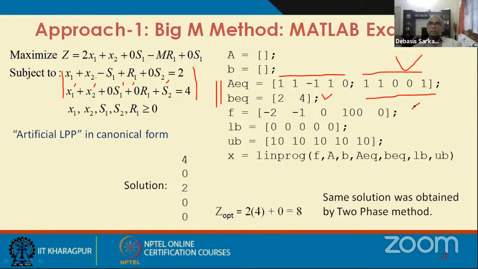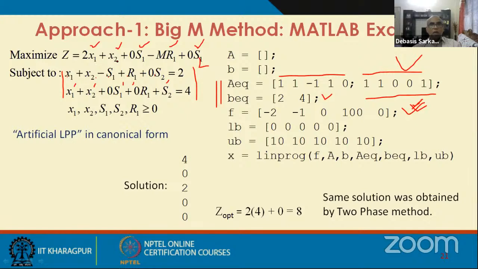Objective function vector, the vector of coefficients of the objective function. Again, that is important. So x1, x2, s1, r1, and s2. So variable 1, variable 2, variable 3, variable 4, variable 5. So you must consider, say, r1 as variable 4 everywhere, and so on and so forth.